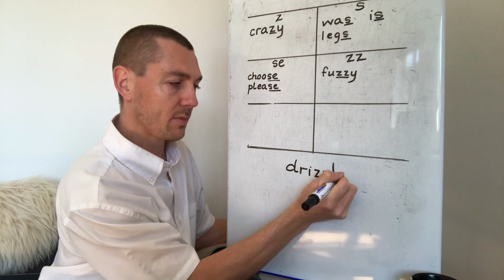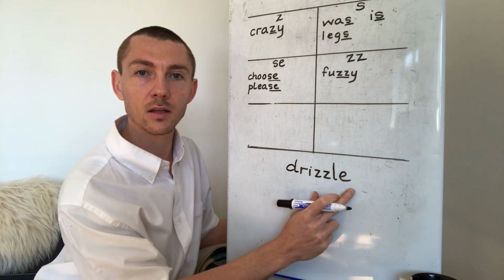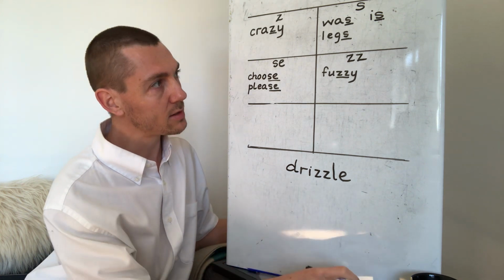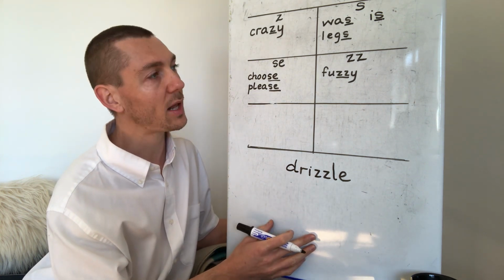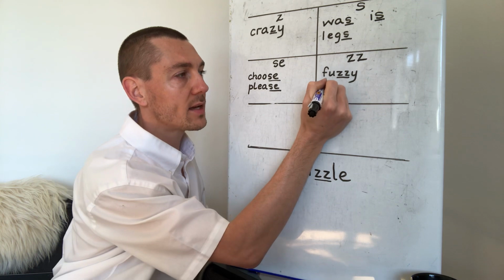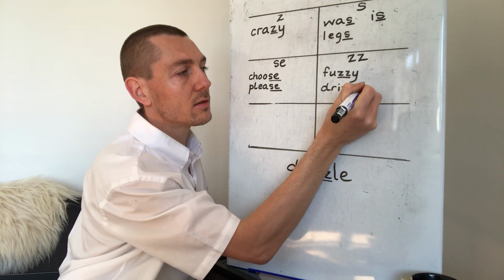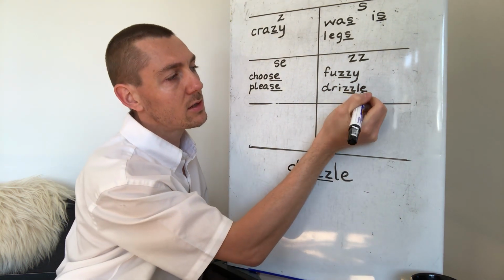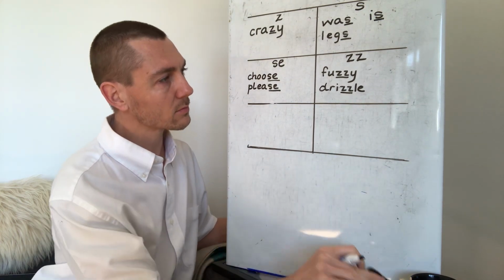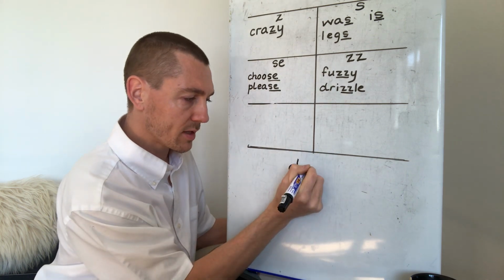2 syllables this time. Okay, the word is 1, 2, 3. Drizzle. Good. So, the Z sound spelling is with the 2 letter Z's together again, isn't it? And we say dri, zul, drizzle. Okay. 2 syllables.